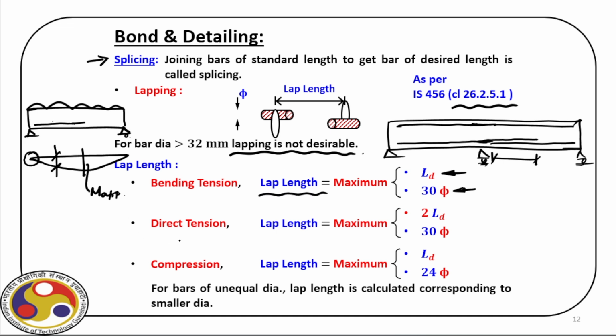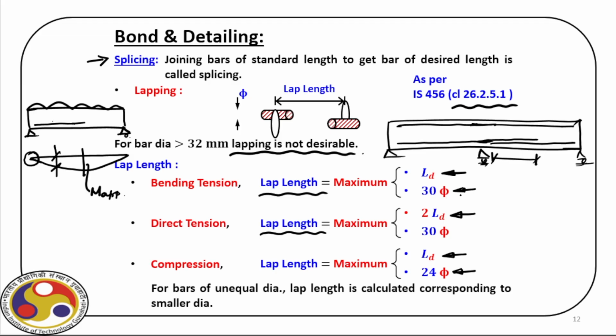If it is under direct tension, then the maximum of twice Ld and 35 phi should be provided as the lap length. And in case of compression, the maximum of Ld and 24 phi is what we are supposed to provide as the lap length.